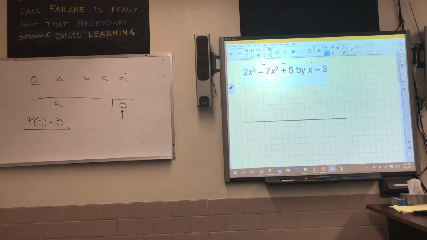What we need to do is write down our coefficients of 2, -7. But now because of that 0 term missing, we need to put that in there. Okay? This is really 2x cubed minus 7x squared plus 0x plus 5, right? And I need every single coefficient to show up, and 0 is a coefficient.